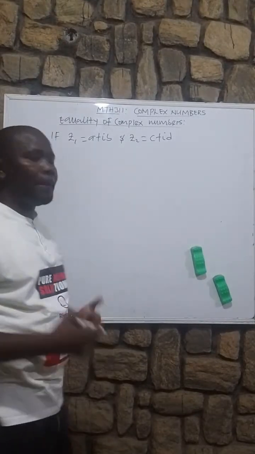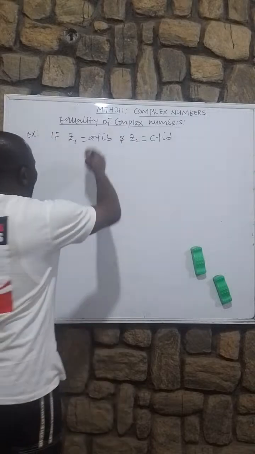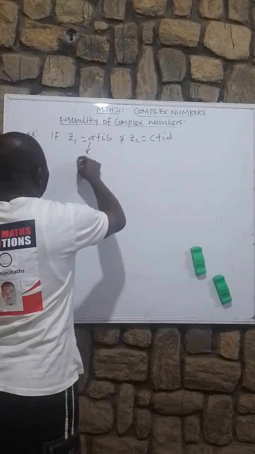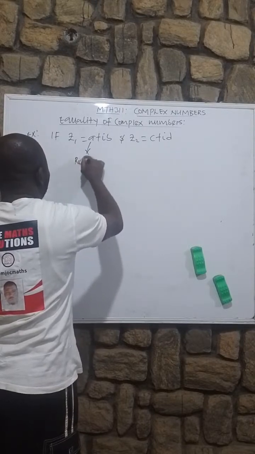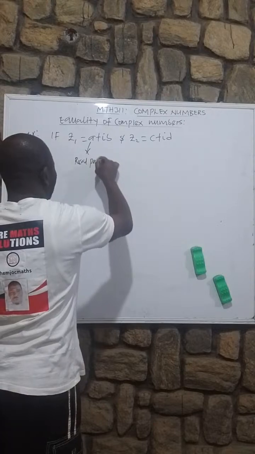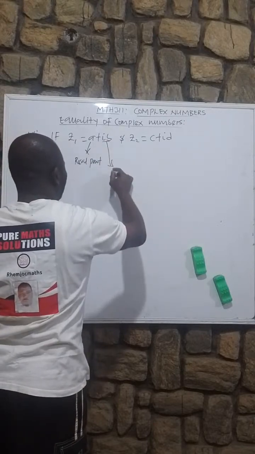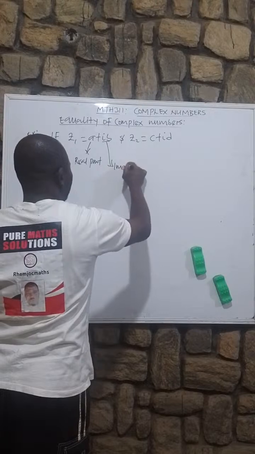Why? Because Z1 contains real parts, true or false, and also imaginary parts.